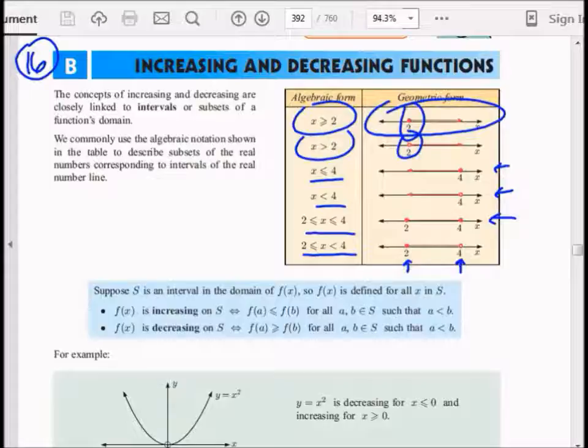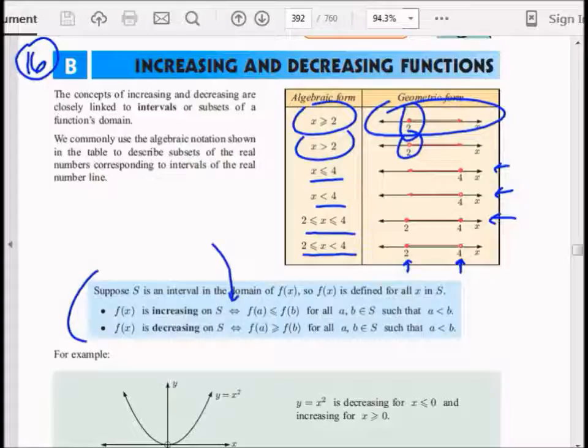All right, so if we are just taking a look at this blue box, suppose S is an interval in the domain of f of x. That just means our function. So the function is defined for all x that are in S. Now f of x, the function, is increasing on S if and only if.